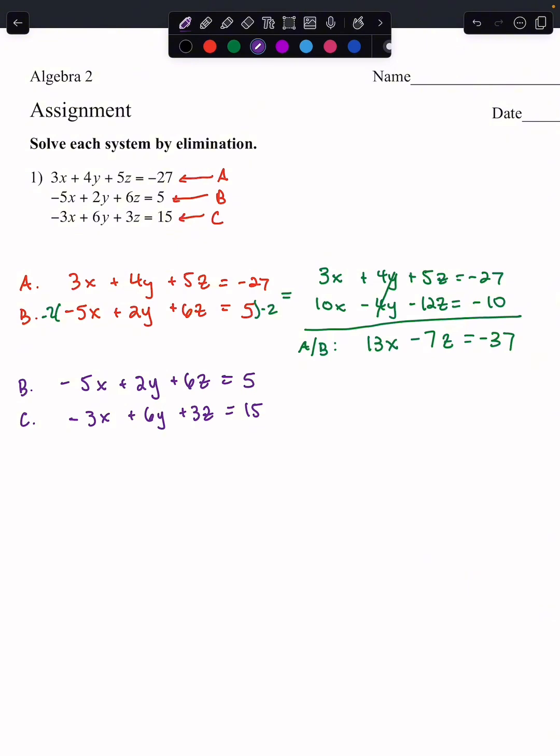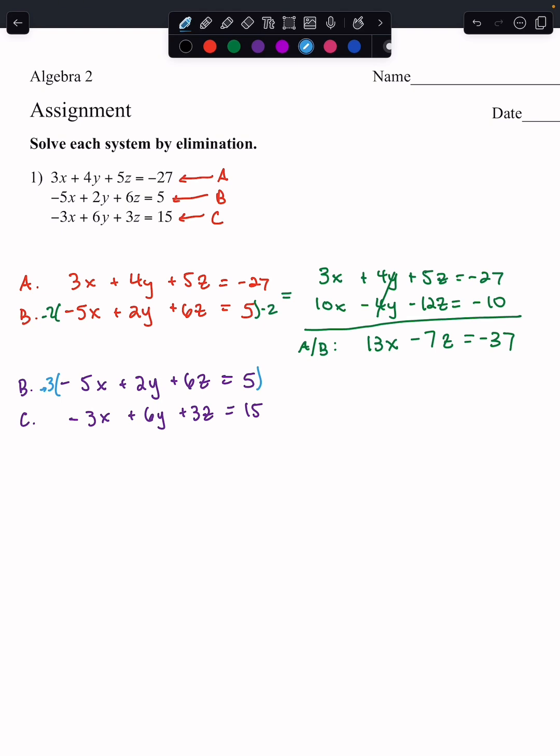Again, we're trying to eliminate y. Just remember that in order to eliminate a variable, the number in front has to be the same, but they have to be opposite. So they have to pretty much be inverses. For that reason, I'm going to multiply that top line by negative 3 because I want to cancel out the y's.